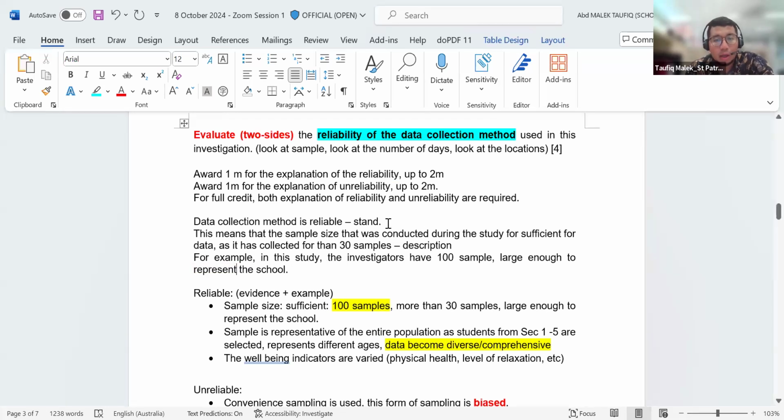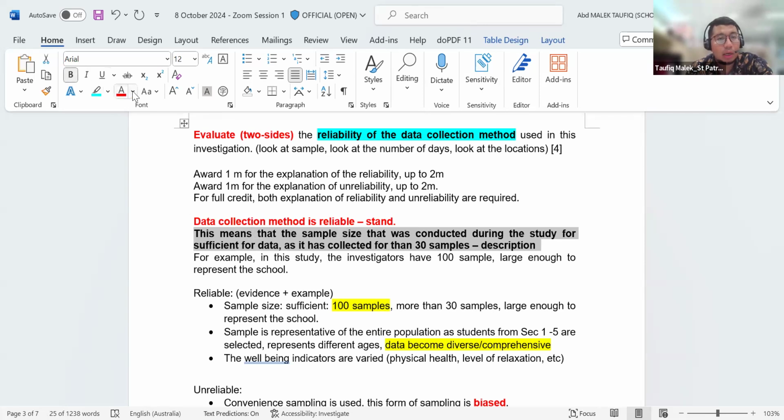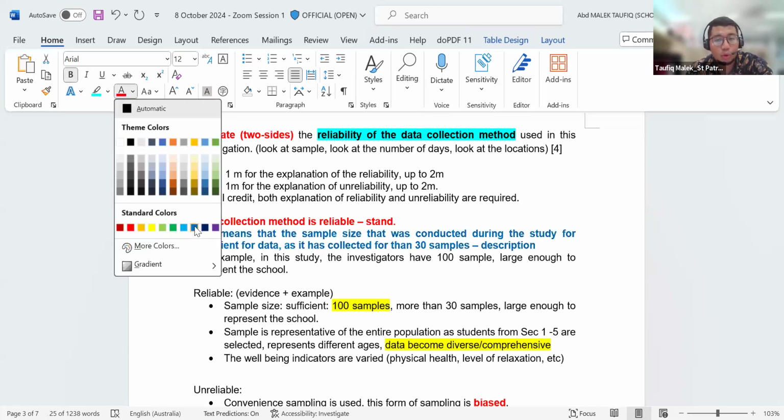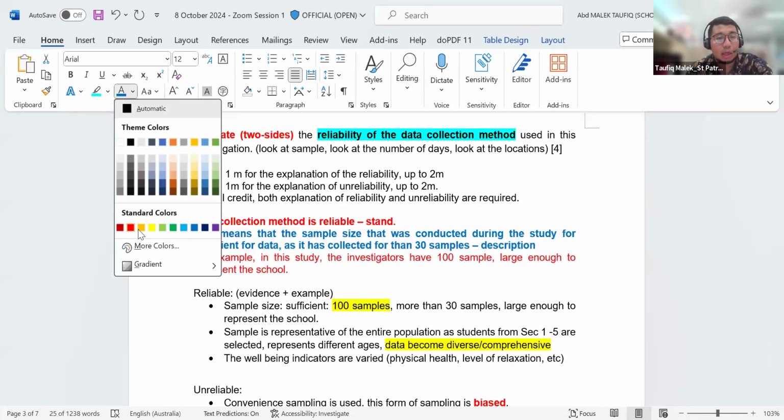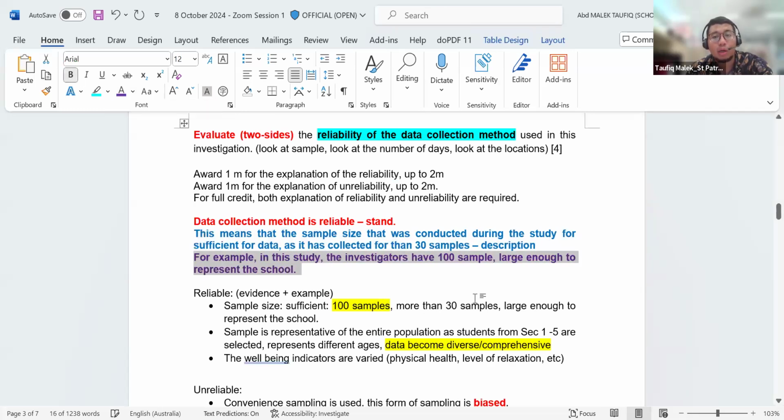From here, I have my stand, followed by my description. How do you know it is big enough? Because it's more than 30. So you know it's sufficient. And of course, you need to provide an evidence saying that it's more than 30, but in the study it's actually 100 samples. Therefore, it becomes reliable.